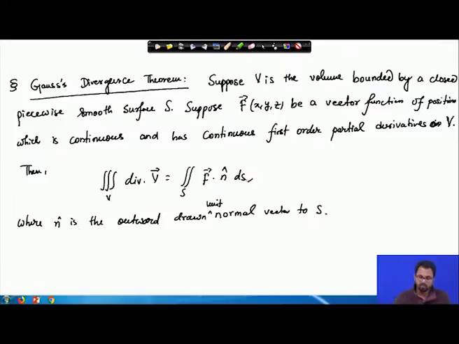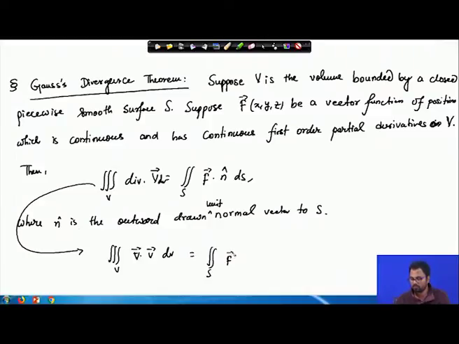In terms of notation you can write the volume integral of the gradient operator dotted with F dV, there is a dV missing, equals the surface integral of F dot n dS.